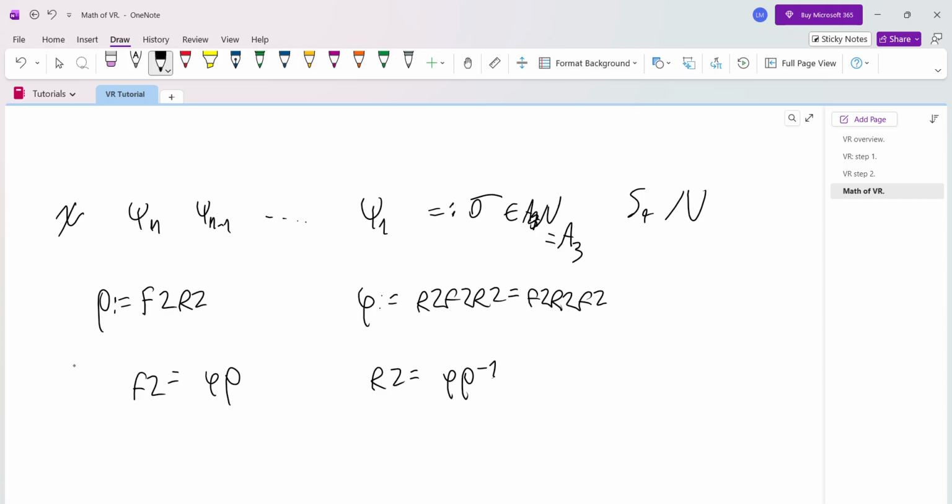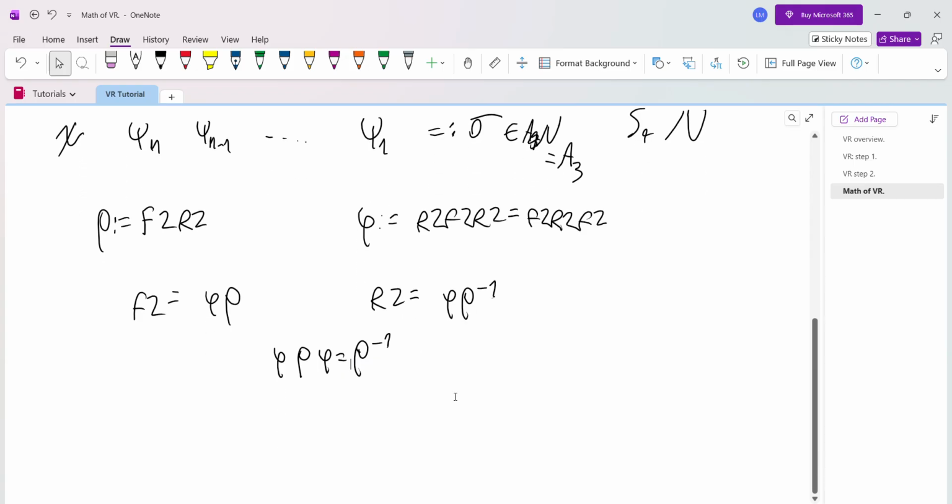Also, one thing that I want you to understand is that phi is rho inverse, which I like to mention as phi anti-commuting with rho. Also notice that phi and rho are the flip and rotate generators of S3, if you think of S3 as the dihedral group on the triangle, so it's just the flip and rotate, which you're probably familiar with.